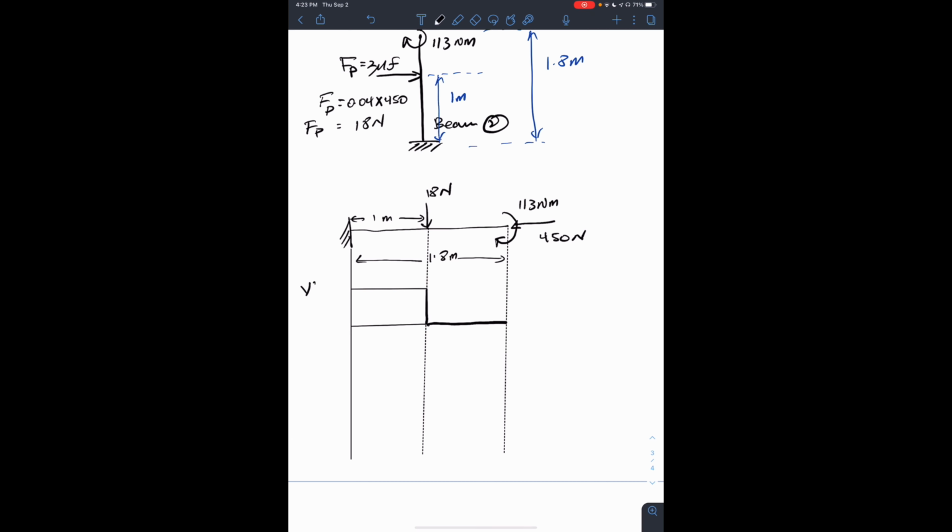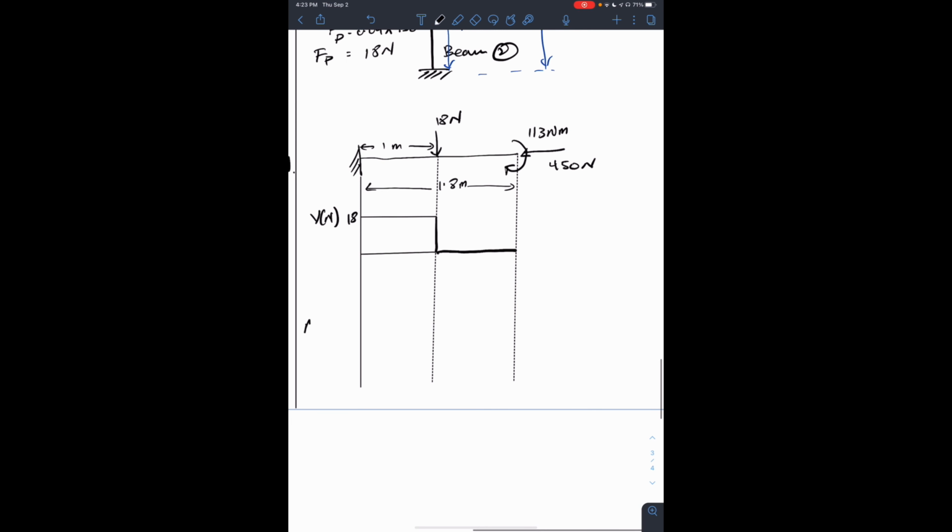So this is V newtons, this is 18, and our shear force diagram... Right, so this is our bending moment and shear force diagram.